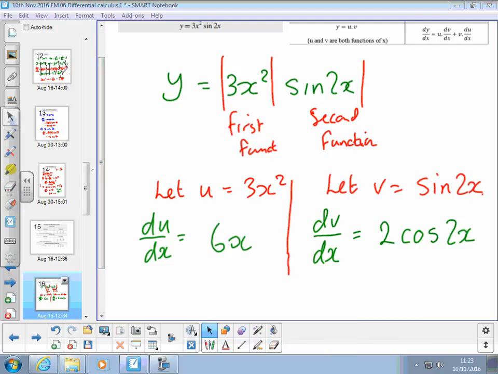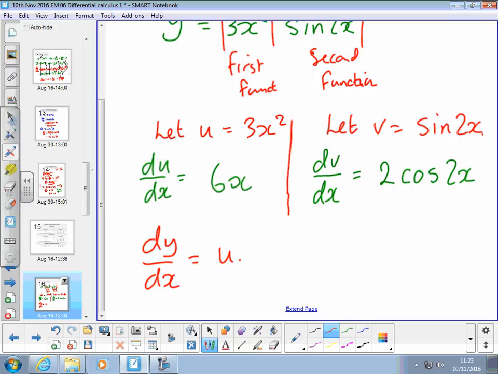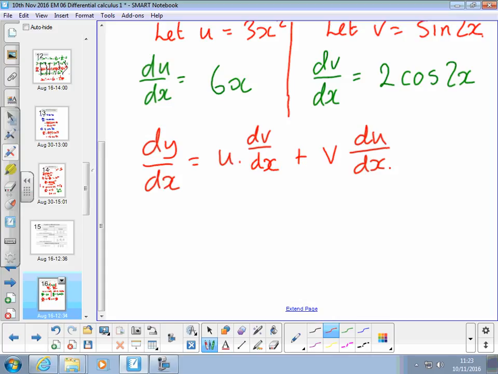What we then do is place each of those items in the formula for dy by dx of a product rule, which is u dv by dx plus v du by dx. U we set to 3x squared.